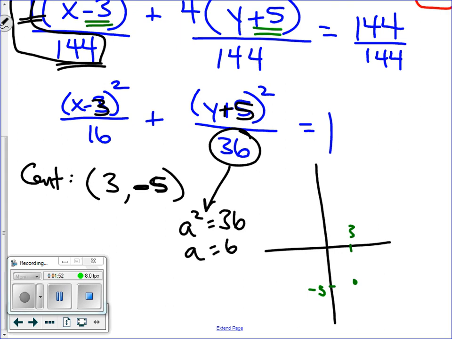Which means my major axis, the endpoints of it, are 6 units away from the center. The next question is, are they 6 units above and below the center, or are they 6 units to the left and right?